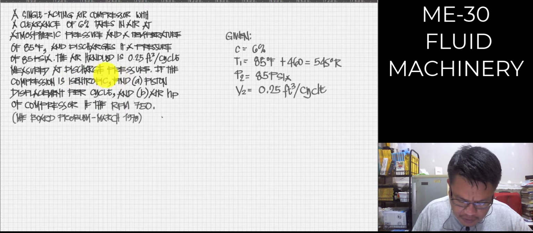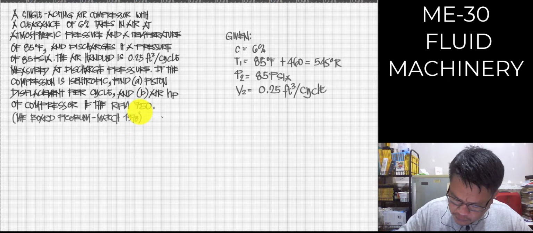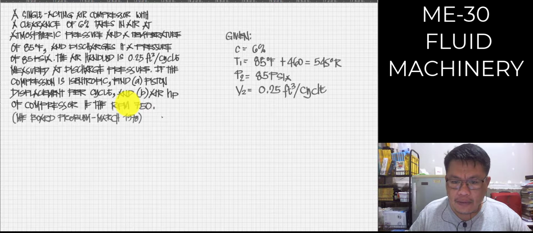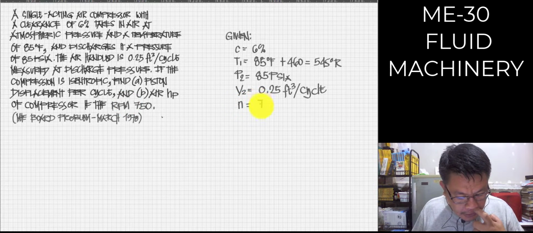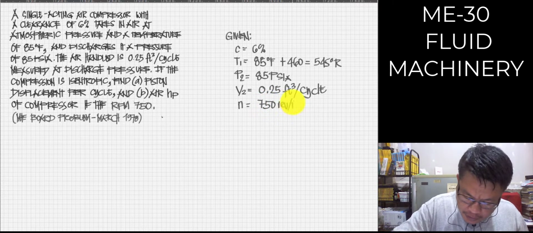Now if the compression is isentropic, find the displacement per cycle. We also have the horsepower and the given RPM of 750, so N is 750 revolutions per minute.